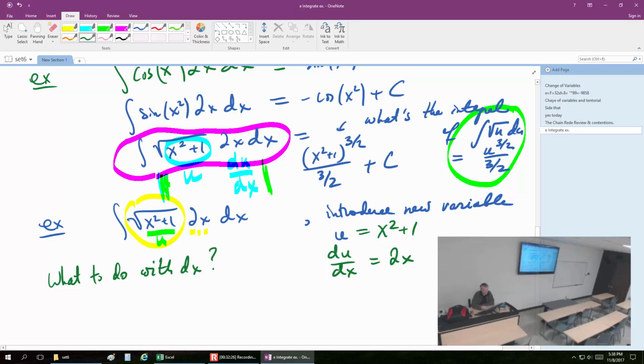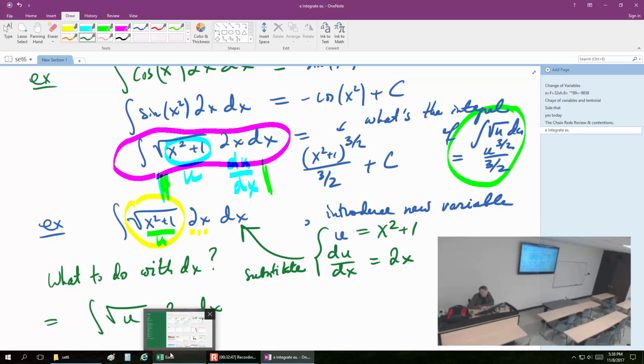Because when we start doing substitution, these two things will be substituted into my integral. And what do I get? I get my integral is square root of u times 2x dx. Well, let's take it one at a time, and the problem becomes what to do about 2x dx.